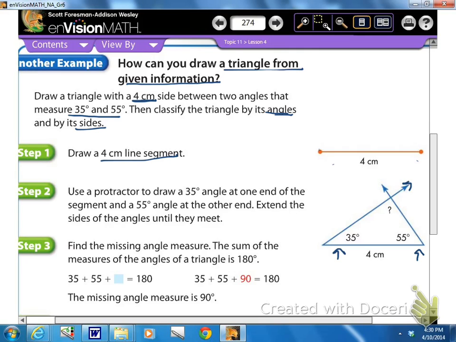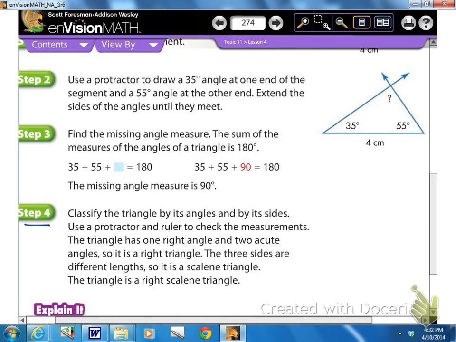And then you can find this missing angle here. To find the missing angle, you know that together these three angles add up to 180 degrees. So the first step is to go ahead and add the two angles that you know together, and then subtract that from 180 degrees to see what would be left. And in this case, you'd have a 90 degree angle. This would actually be a right angle here.